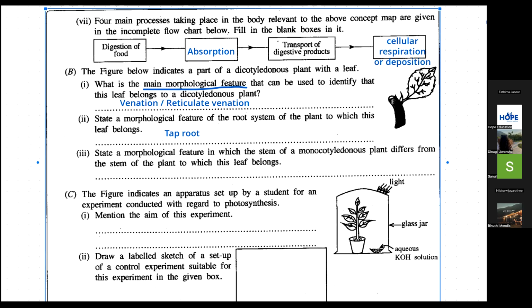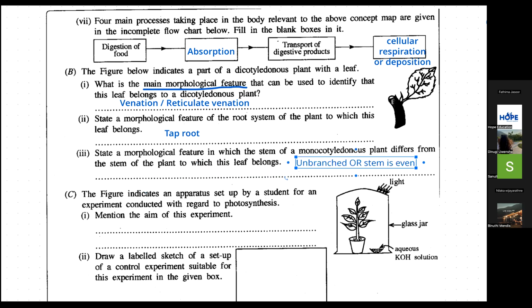Yeah, one is that the monocot stem is unbranched. Or, even a dicot stem is not even: the base is broad and the tip is narrow, but a monocot stem is an even stem. You can write either one, unbranched or even stem. Okay.